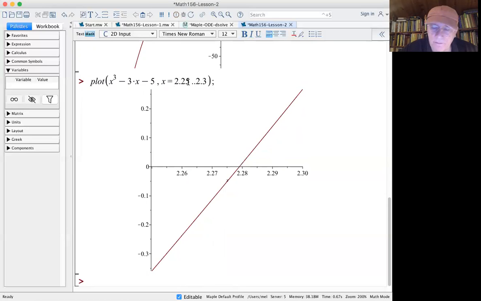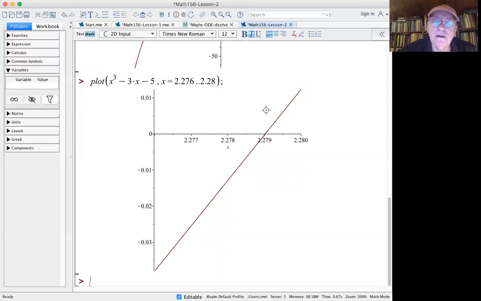Maybe I'll put in 2.276 and 2.28. Let's see. So it looks very close to 2.279. Maybe I'll graph it between 2.278 and 2.279.